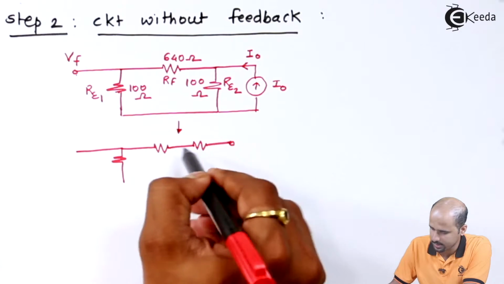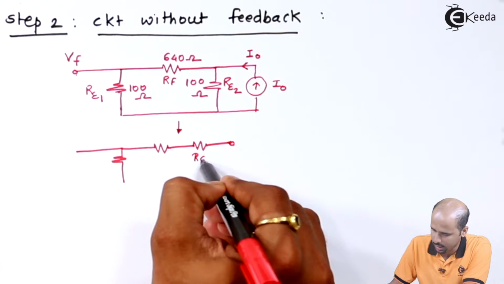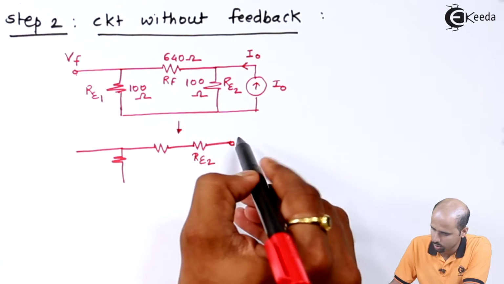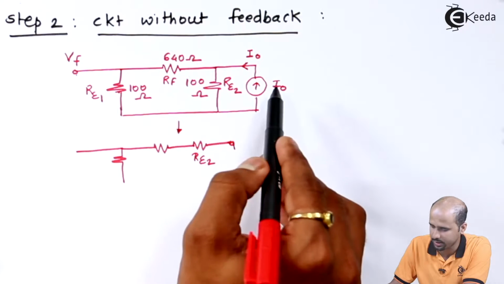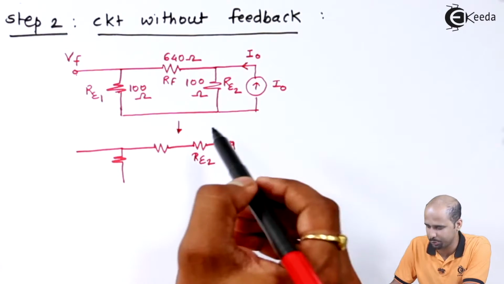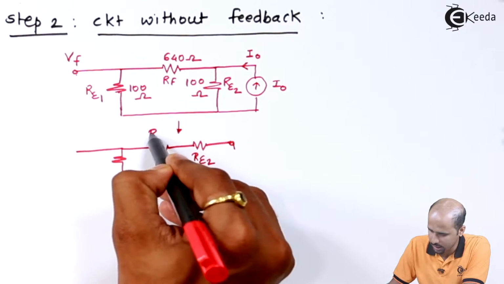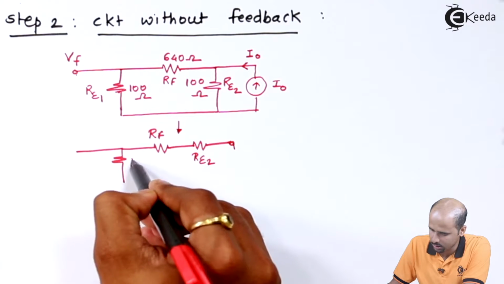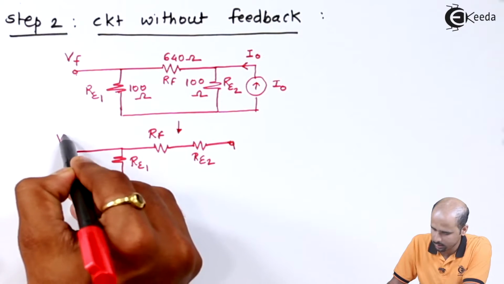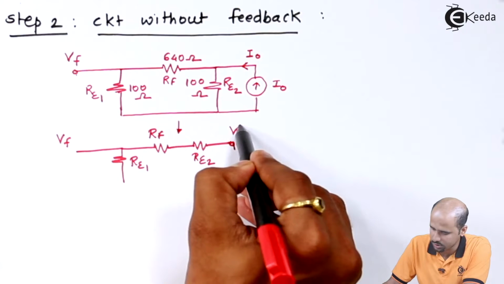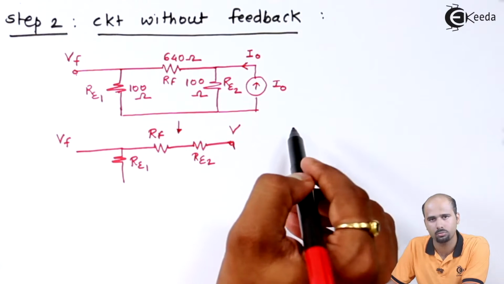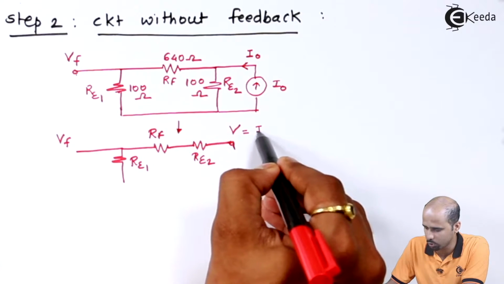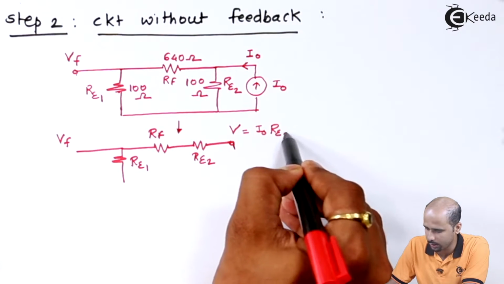So this is your RE2, and this voltage source will be IO into RE2. So this is your RF and this is your RE1, this is your VF and this is your V, right? V is equal to IO into RE2.